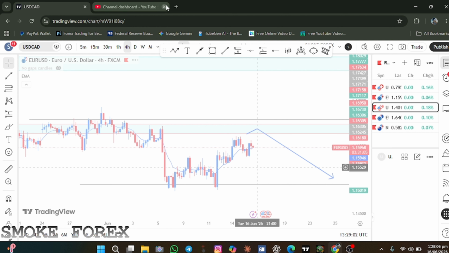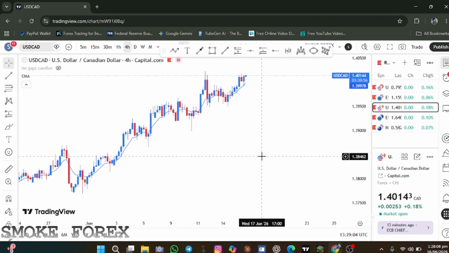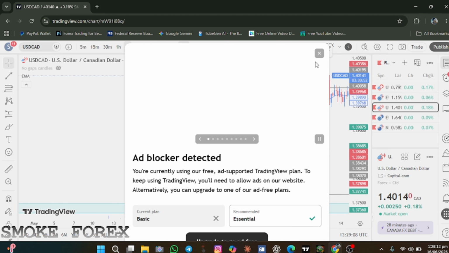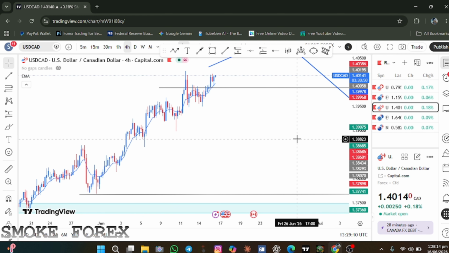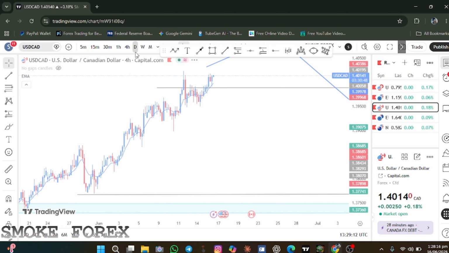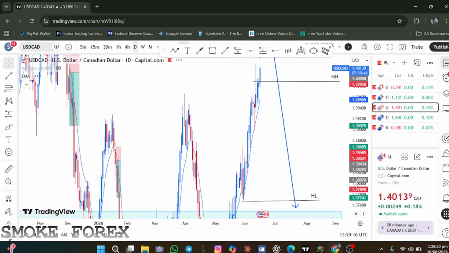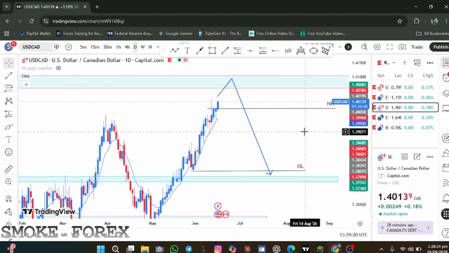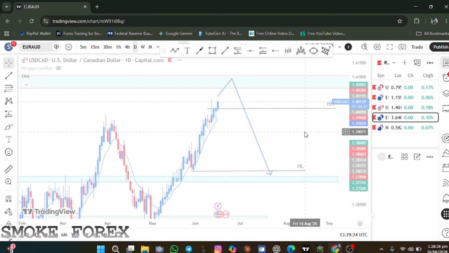My next pair is USD CAD. So what is USD CAD doing? With USD CAD, what we do want to see is price retest this area of interest. So we are still going to wait for price to retest the area of interest.